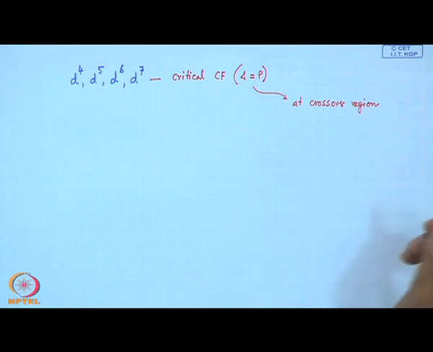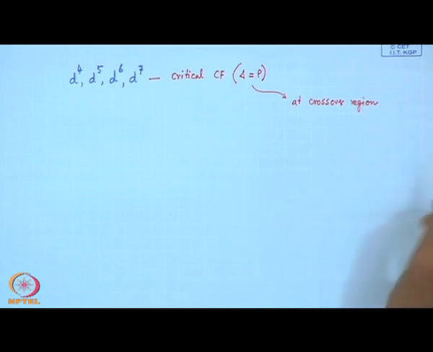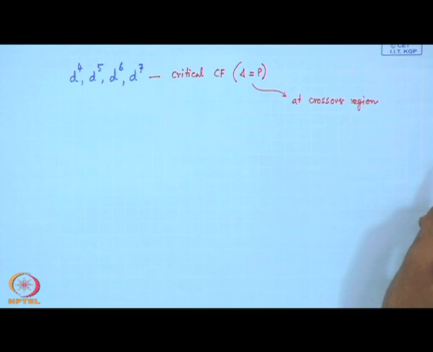That means we are moving from one direction to the other, such that if on the left hand side the low spin state is of low energy, on the right hand side it would be of higher energy.